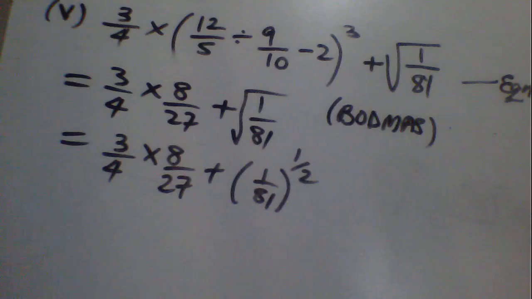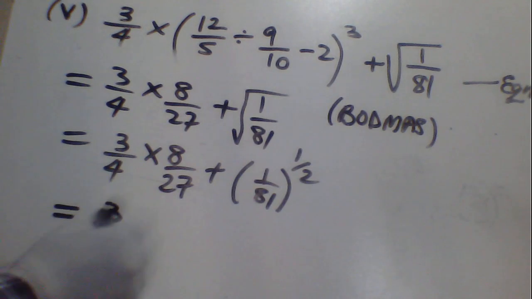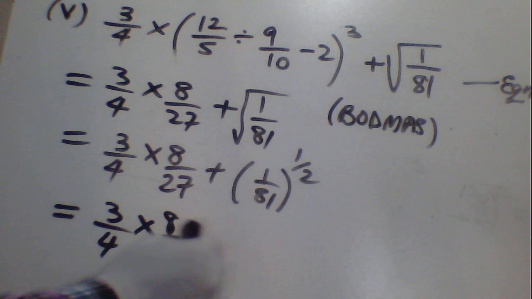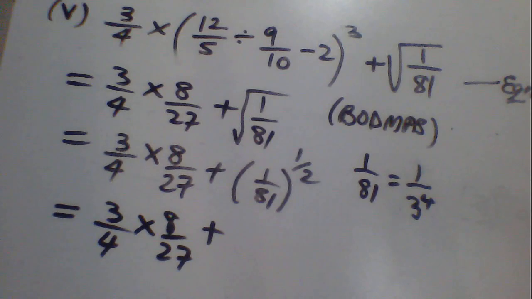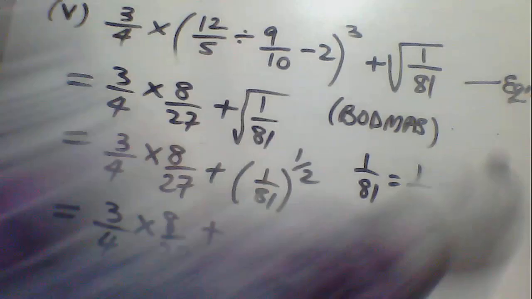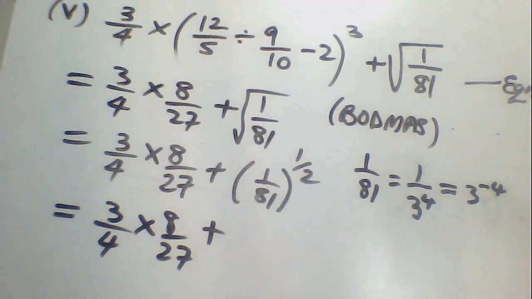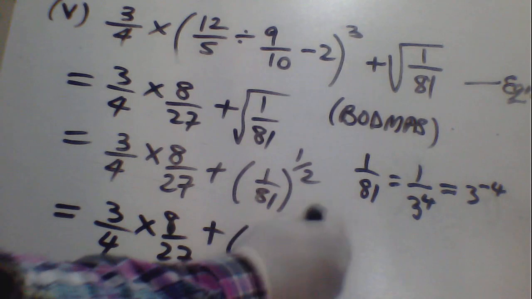You know that 1 over 81 is the same as 1 over 3 raised to power 4, because 3 times 3 times 3 times 3 gives us 81. Sorry, it is the same as 3 to the power of minus 4. So bring it here, I have 3 to the power of minus 4, to the power 1 over 2.